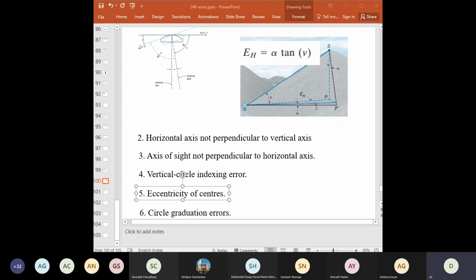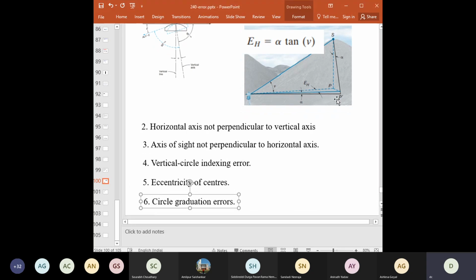Total stations may also be equipped with systems that automatically average the readings taken on opposite sides of the circles, thereby compensating this error. Some of them can have this type of setup, and this comes in your embedded control system. So there is a control system embedded into the complete circuit of this device, which can automatically help reduce such errors. Okay.